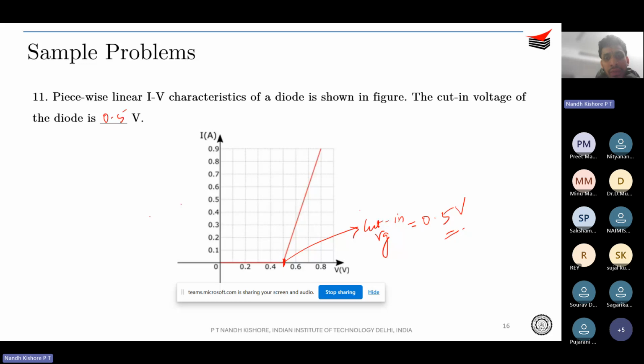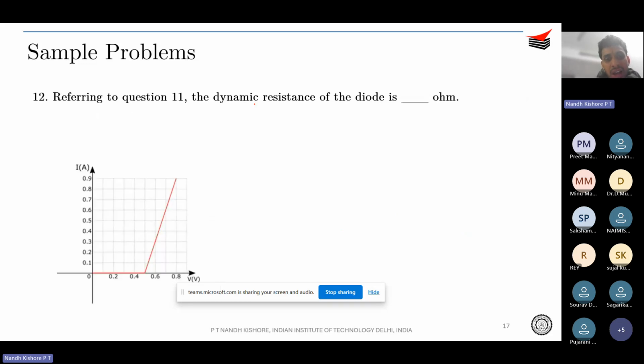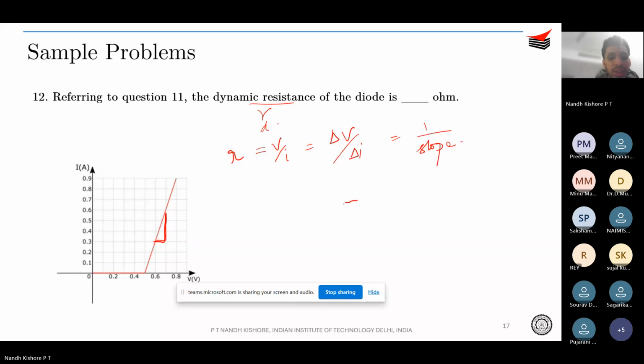Referring to this question again, the dynamic resistance RD is dash. What is RD? Even if you don't know what dynamic resistance is, you understand that R is equal to V by I. In this case, it's going to be delta V by delta I. That is the slope over here, 1 by slope.